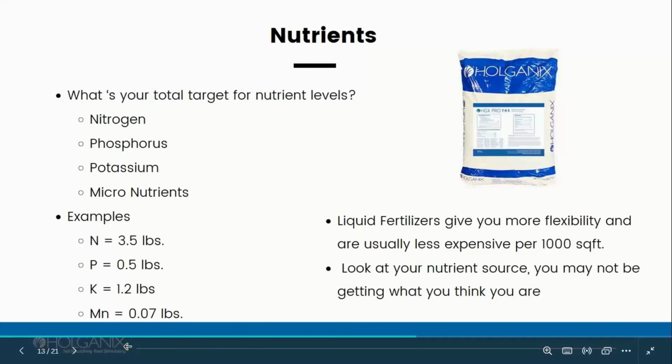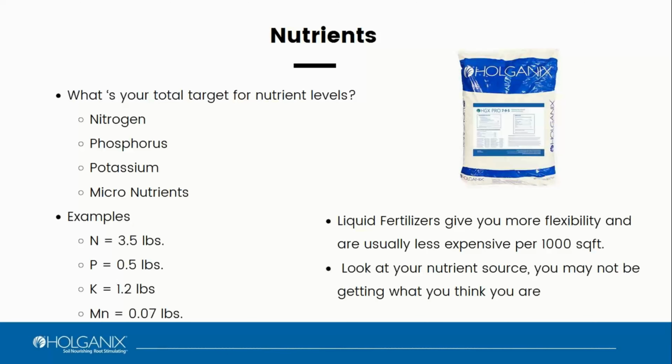And then look at your nutrient source. There's some really good products out there, and then there's some products out there that are just cheap. They're cheap for a reason. Urea, it's cheap. That's great, but it's a super fast breakdown, very high burn potential. There's methylated urea. It's gradual feeding.